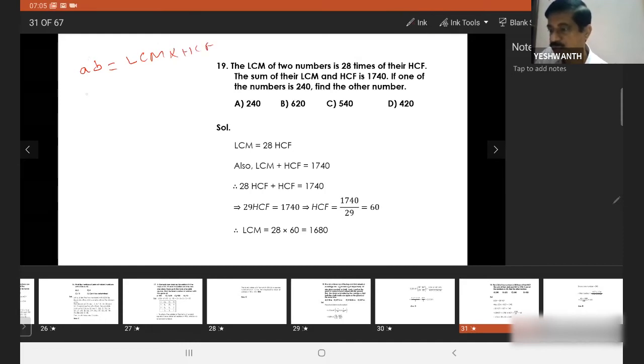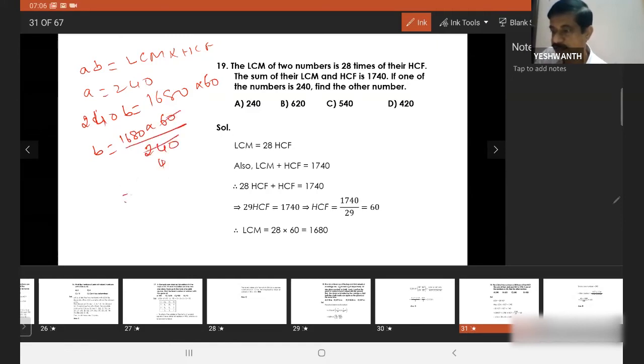Given A equals 240, B equals LCM, 1680, into HCF, 60, divided by 240. This cancels 4 times, 4 4 16, and that is 420. So B is 420. Please note it fast, quick.